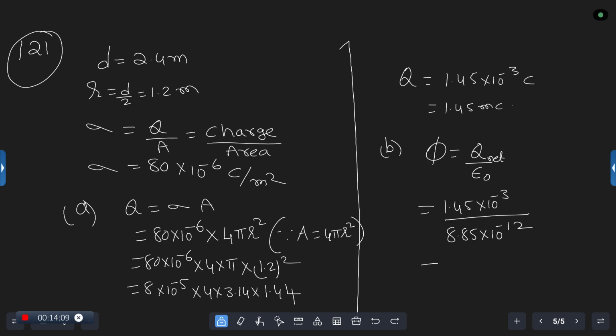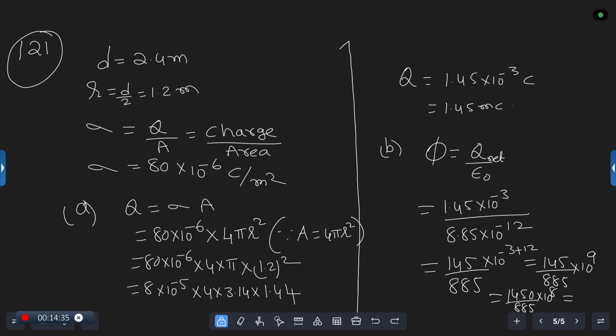Okay. So 1.45, I will give 145 by 885 into 10 power minus 3 plus 12, equals 145 by 885 into 10 power 9. So 1450 into 10 power 8 by 885.